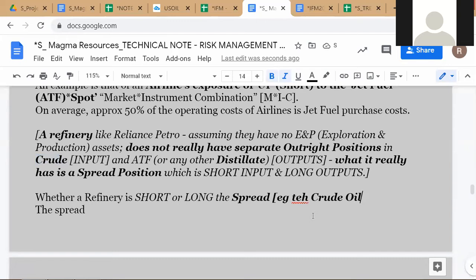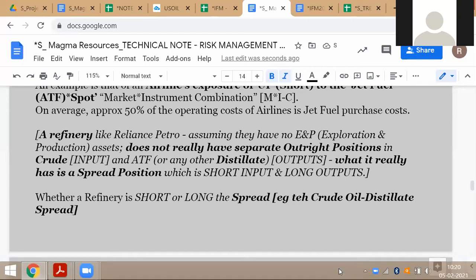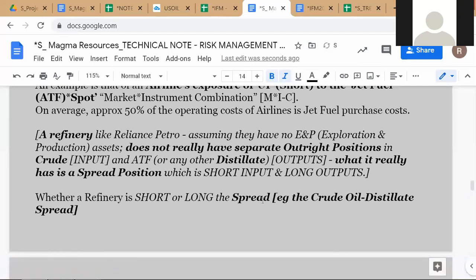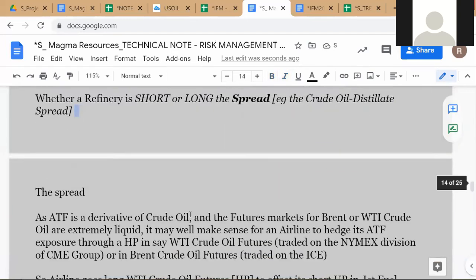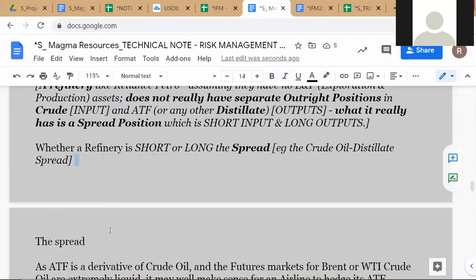We'll write it like this. Normally we'll just write crude. Crude is understood as crude oil. So the question is whether we should call them short or long the spread.